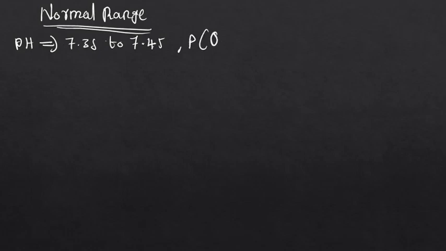The partial pressure for carbon dioxide is supposed to be 4.5 to 6.1 kilopascal. This is the normal partial pressure.